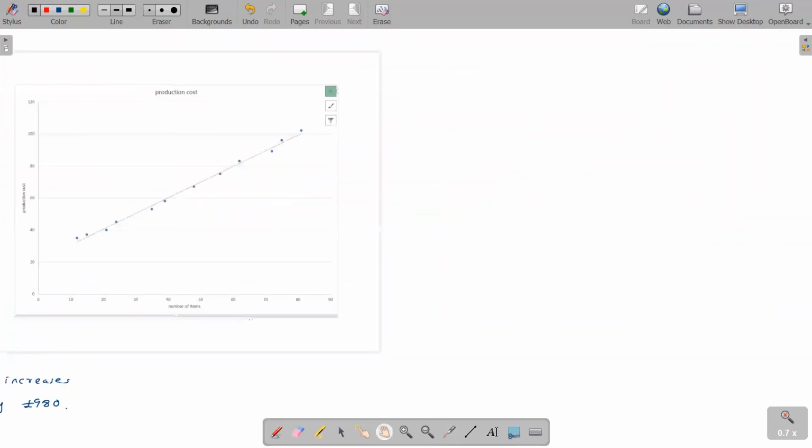Now imagine we took another extra point over here, and that point came like this. Guys, the gradient of this equation would definitely change to adjust to it, because it's trying to minimize the errors with all the points. This line would change if another point came like this. So every single point is taken into account.